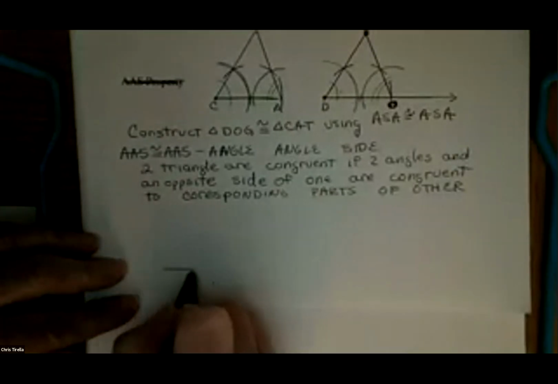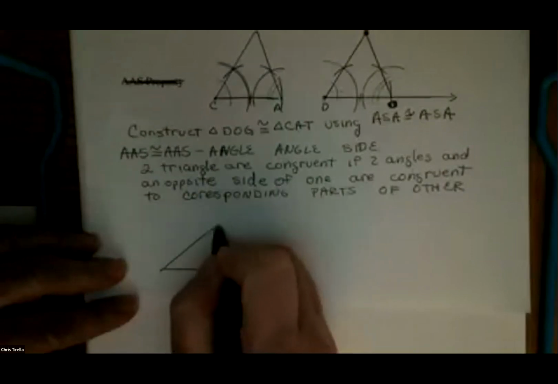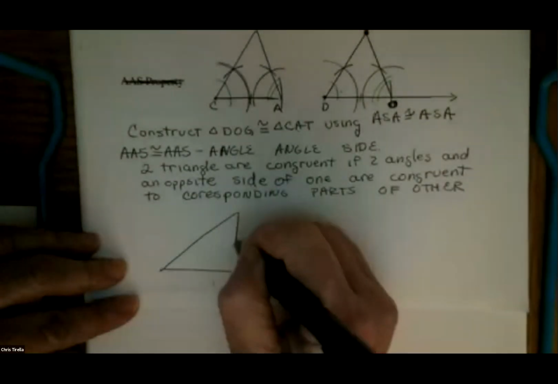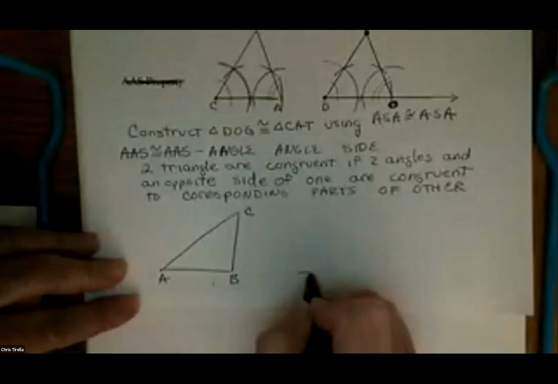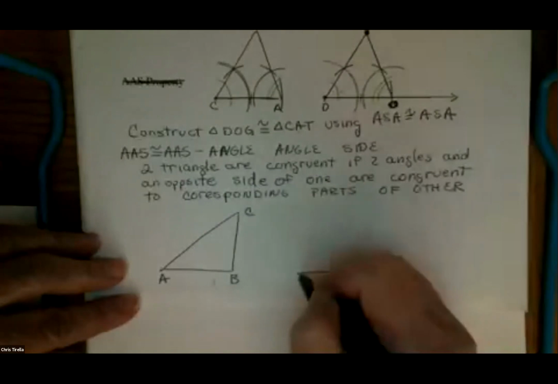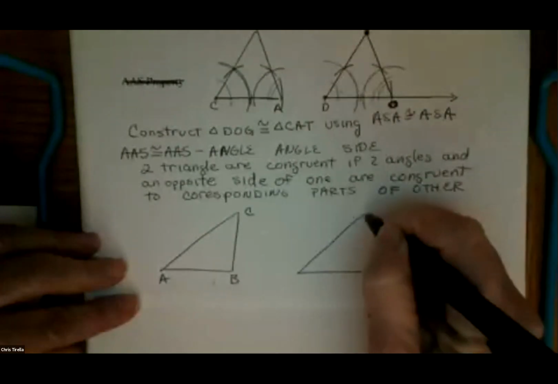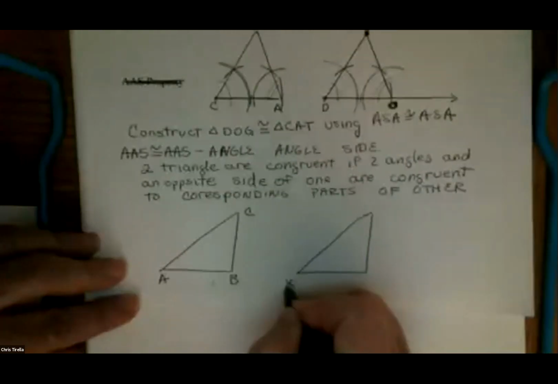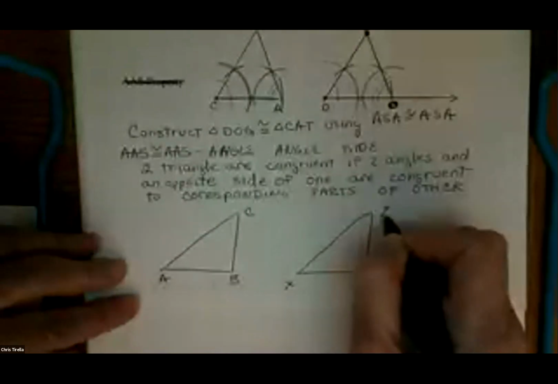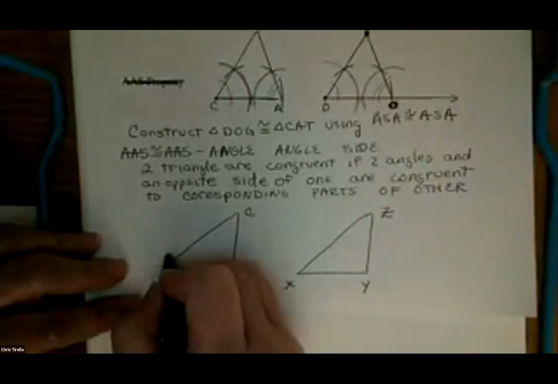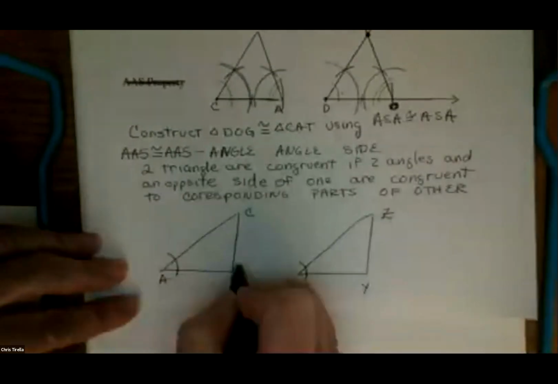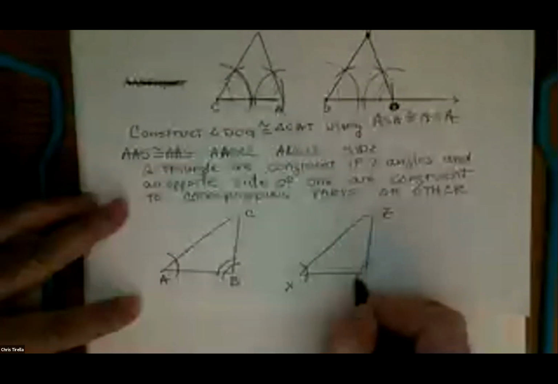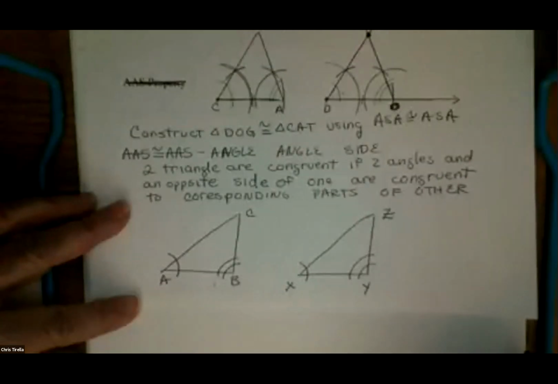So I'm going to draw a triangle here. This will be triangle A, B, C. And then over here, I'm going to draw another triangle, X, Y, Z. Let's say that angle A is congruent to angle X. Angle B is congruent to angle Y. And this time I want a side that's not the included side.